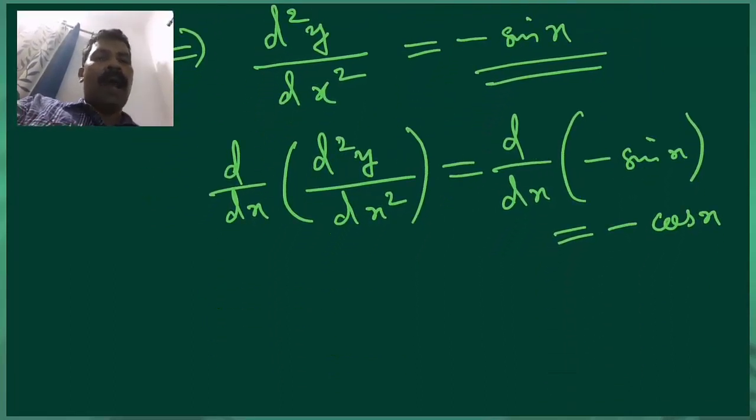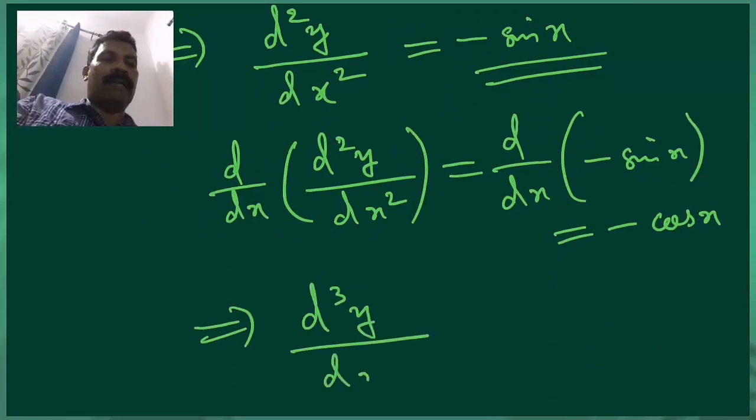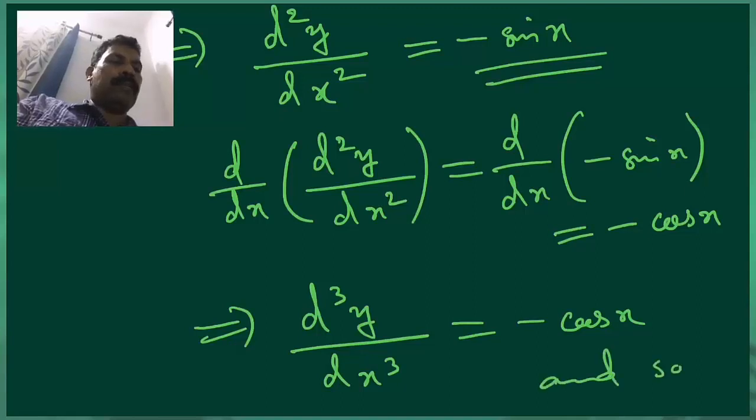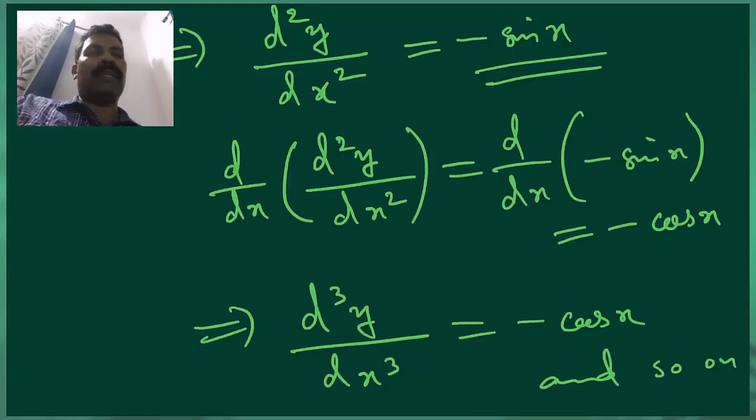The left hand side is the third derivative. We can write it as d cube y by dx cube equals negative cos x. So in this way we can proceed and so on. This is the method by which one can find second order derivatives and higher order derivatives.